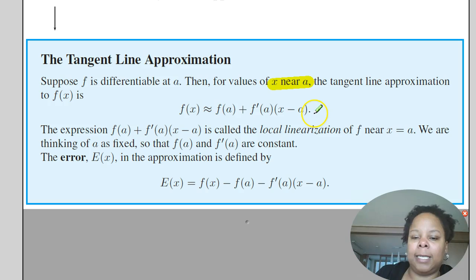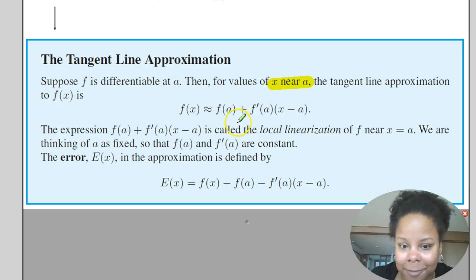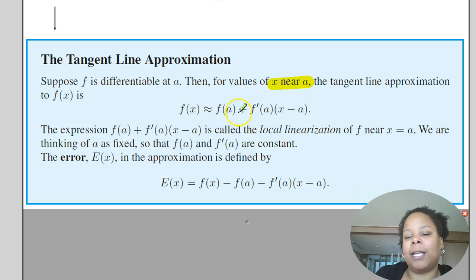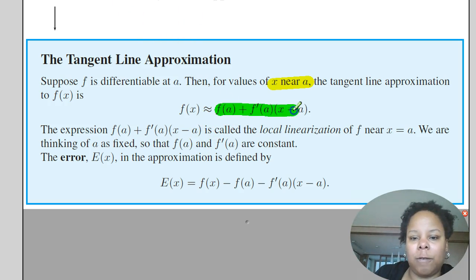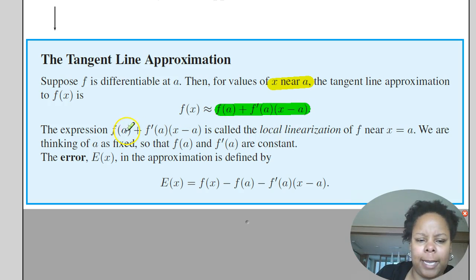X minus a is, again, kind of like point slope form, where you have the point a, comma, f of a, which is what we know. And this only works if f is differentiable at a. If f is not differentiable at a, then we cannot use a tangent line approximation, because we don't have a tangent line. So anyway, we call this expression the local linearization of the function f near x equals a.